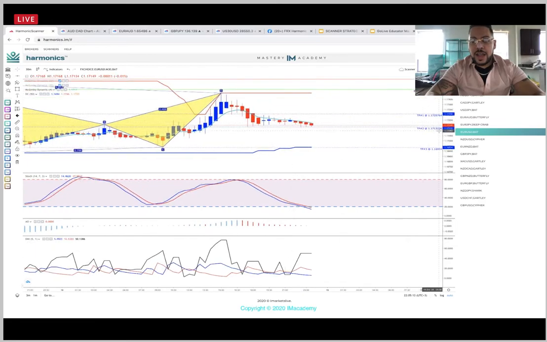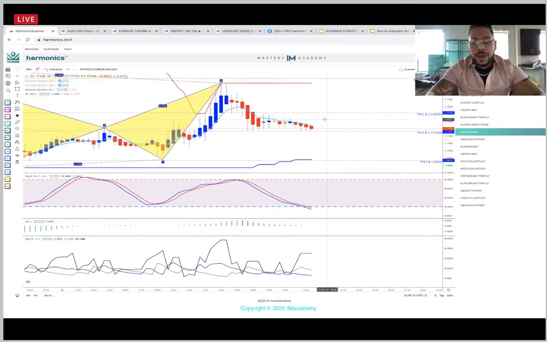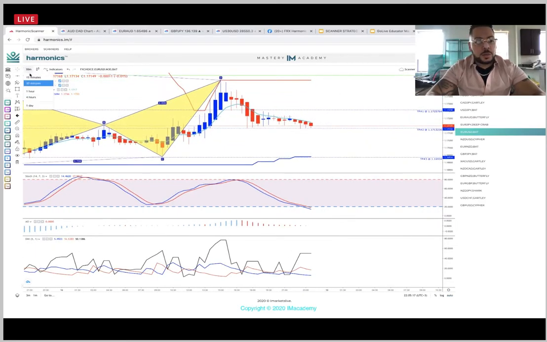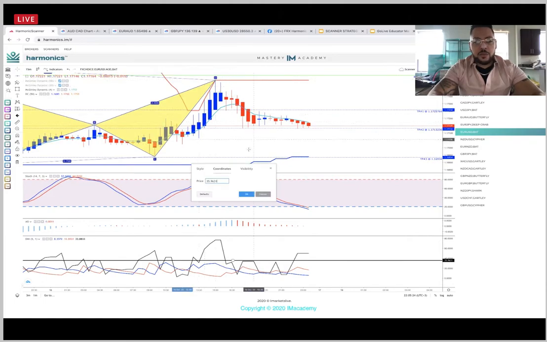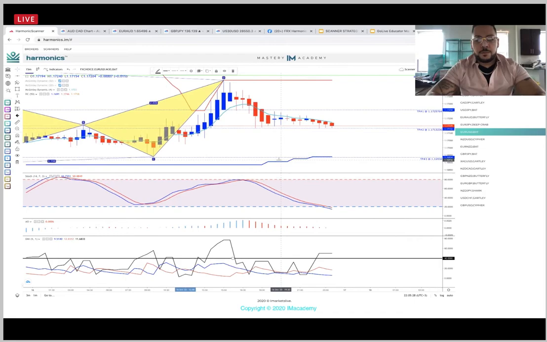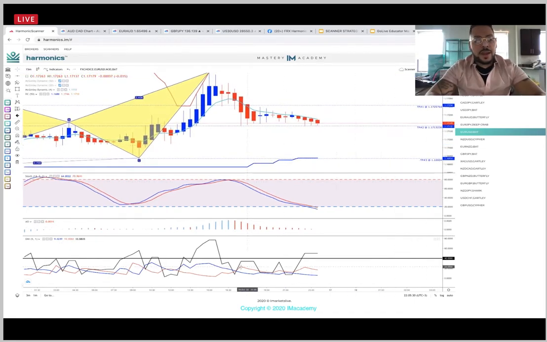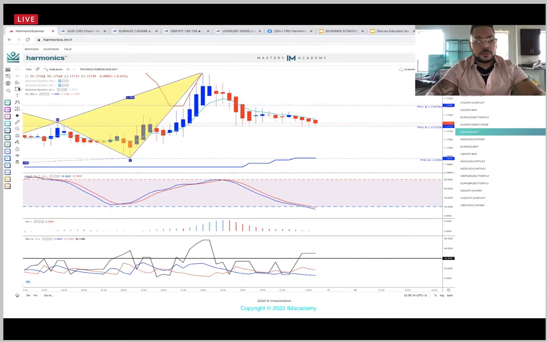Let's take a look at the Euro USD bat pattern, another one. Let's put this on the 15 minute. Okay, here goes the 15 minute. Let's put that DMI at 40 real quick. Man, I really need the 5 minute on the scanner over here.